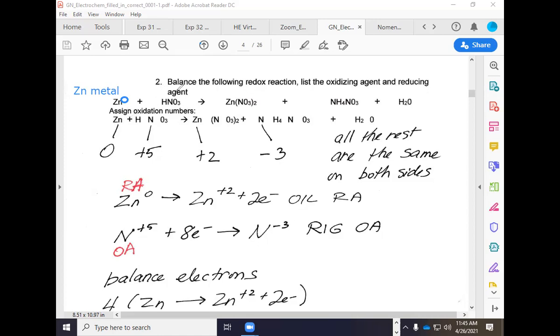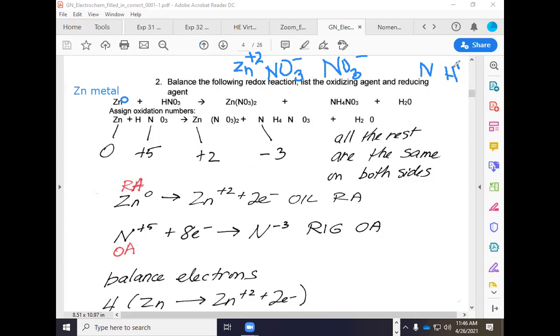So here's our nitric acid, so the nitrogen's a +5. This is zinc nitrate. We have to work that out because we know what nitrate is. If we have a minus and a minus, the zinc has to be a +2. For this one, I just focused on my nomenclature skills.